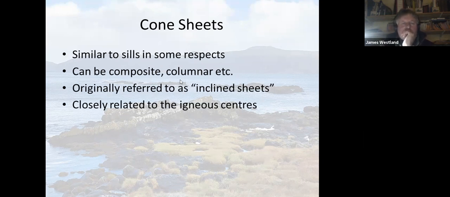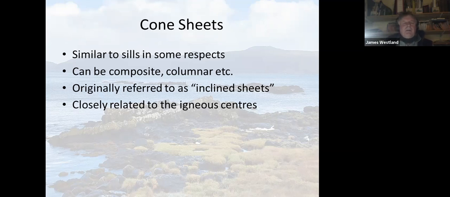Well, as I said, they're similar to sills in some respects. They can be composite. You can have a granitic interior and a basic exterior. They were originally referred to as inclined sheets. It was Professor Harker, when doing the Skye survey for the Geological Survey, who found them there and referred to them as inclined sheets.